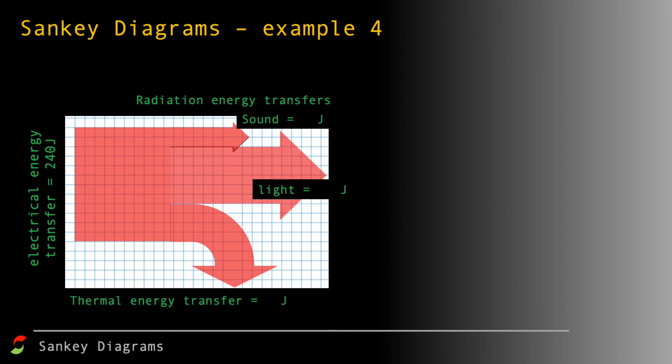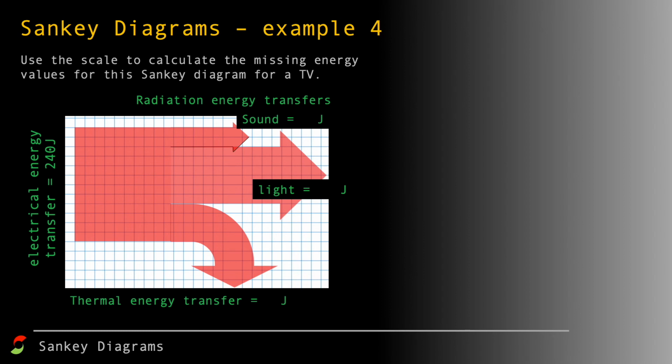Okay, so this is the last example. Sometimes you can get exam questions where there is a grid, and what we're going to use for this example here is a scale to calculate the missing energy values for the Sankey diagrams on the TV.